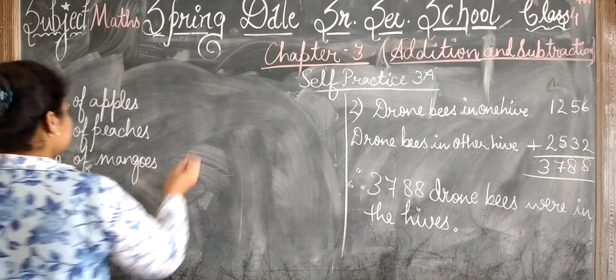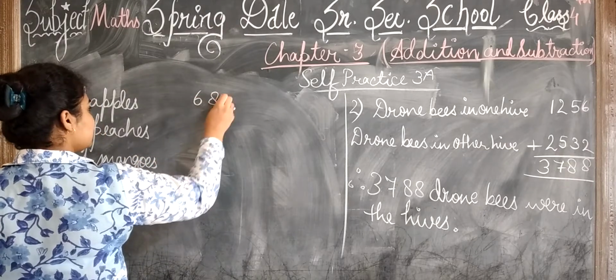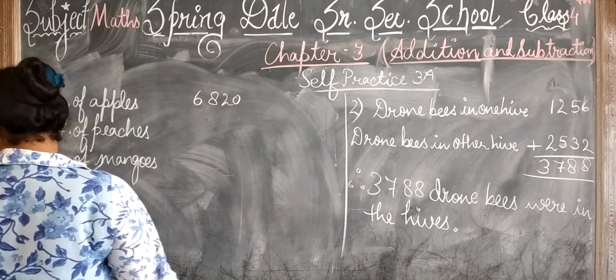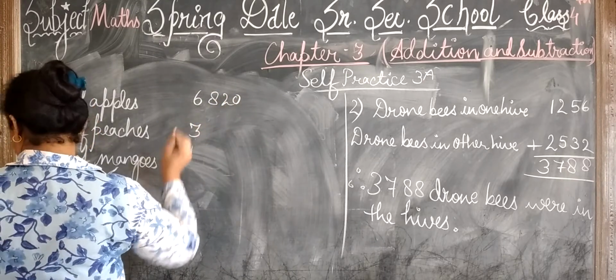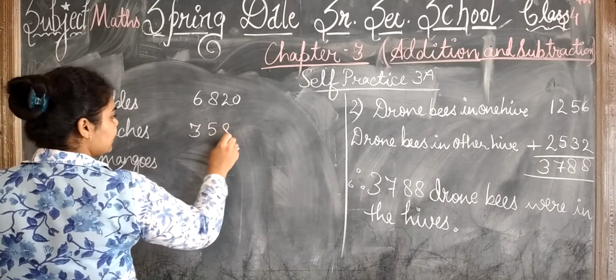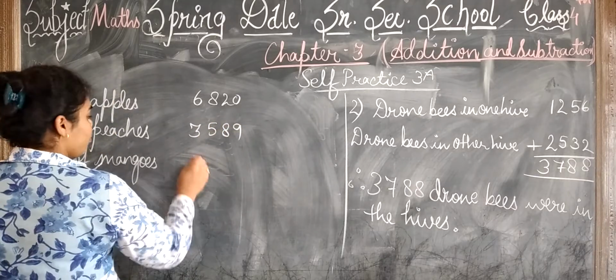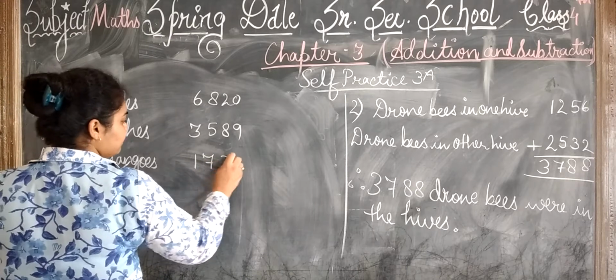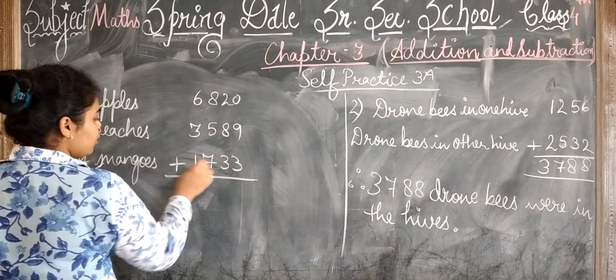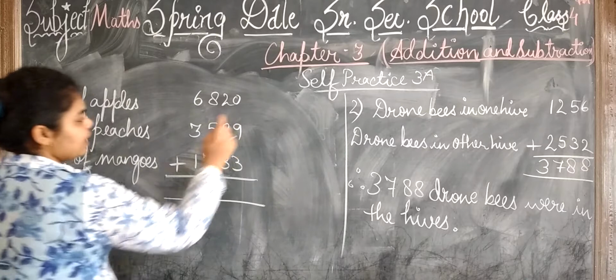How many apples were there? 6,820. How many peaches were there? 3,589. 1,733 were mangoes. We are going to add all these three numbers.